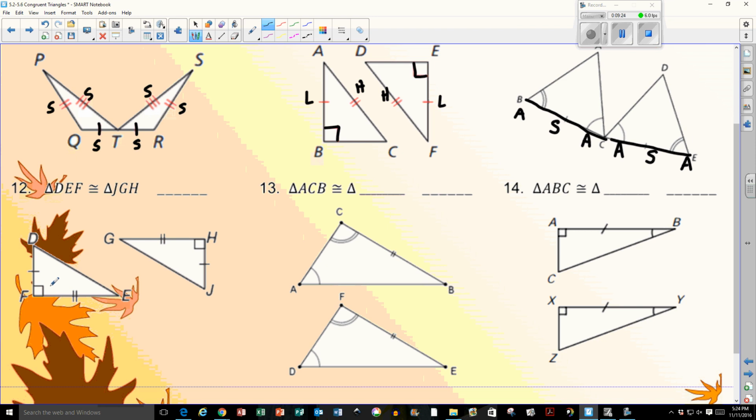Okay, over here I have a right triangle, but they didn't tell me anything about the hypotenuse, so I'm not going to worry about hypotenuse leg. So you don't know about the hypotenuse.